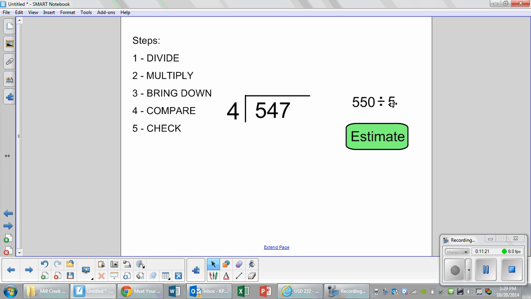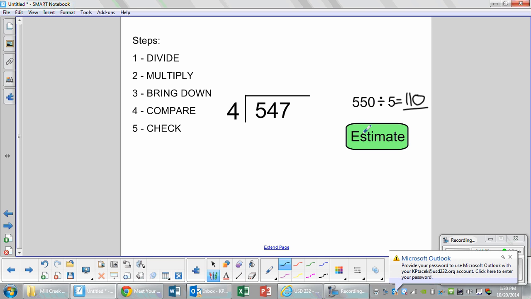So when I do 550 divided by 5, I cover up this 0. And 55 divided by 5 is 11. And then I add my 0 back on. So my estimate was 110. You may have done it differently, and that's okay. Estimations may turn out differently based on how the person changes the numbers.